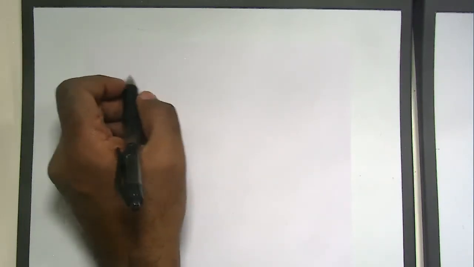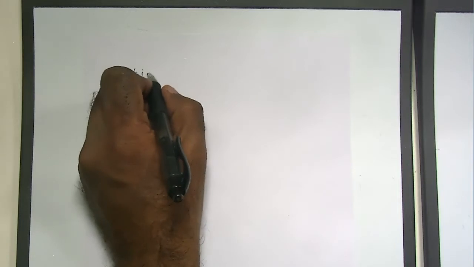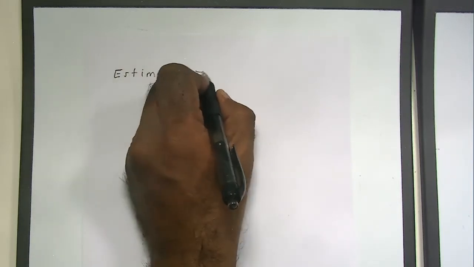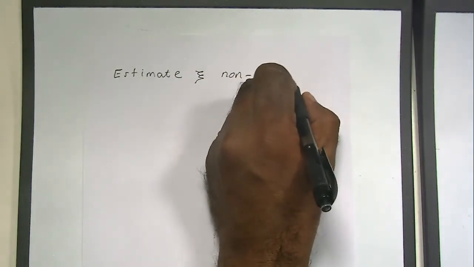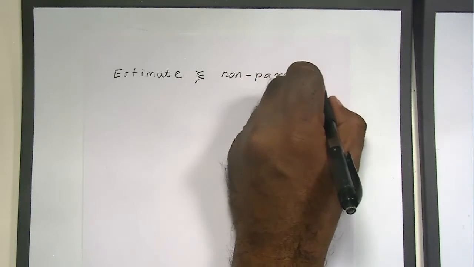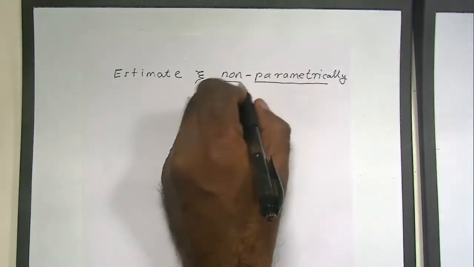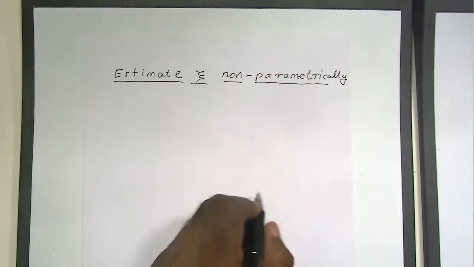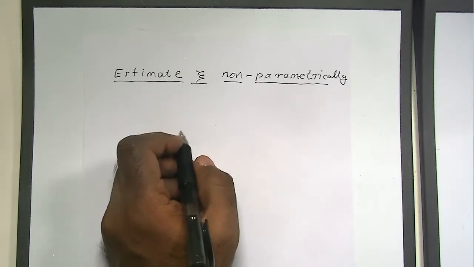To estimate psi, I'm going to estimate the parameter psi using a non-parametric method, which is known as the Hill estimator. First, what you do is the following.